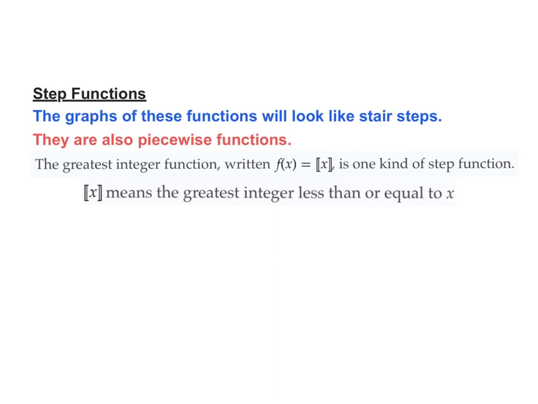Here's some examples. Bless you. If I had 3.2, the output value of the greatest integer function is always an integer. It can be equal to the next lowest integer if it isn't already an integer. So the output value for this is going to be 3 because it's the next smallest integer.